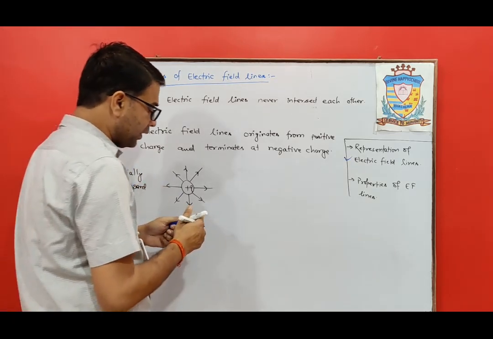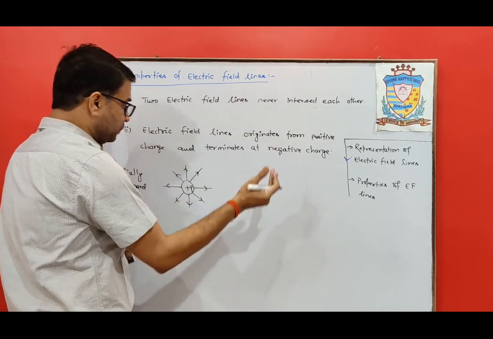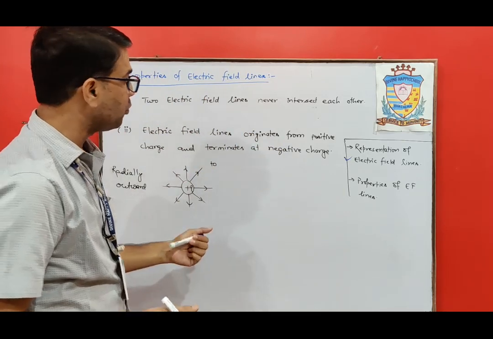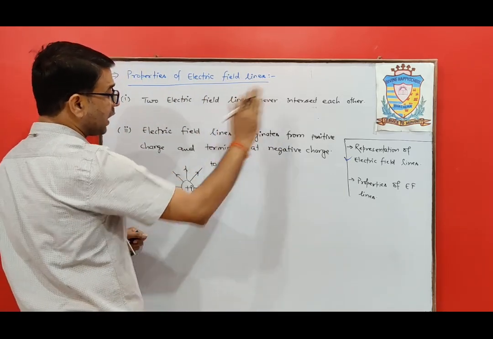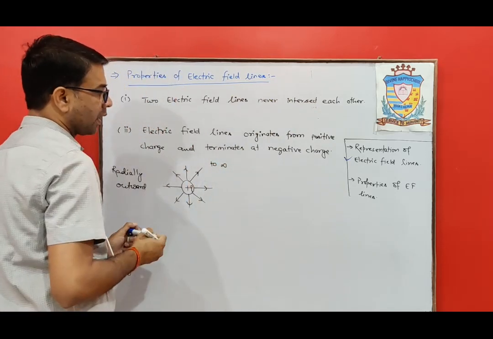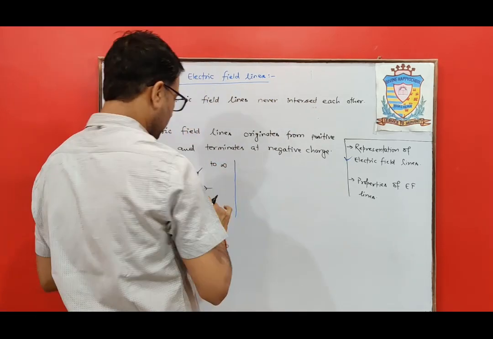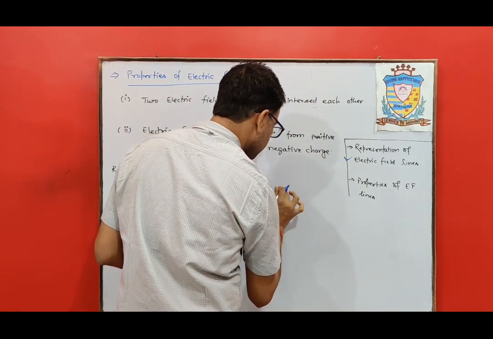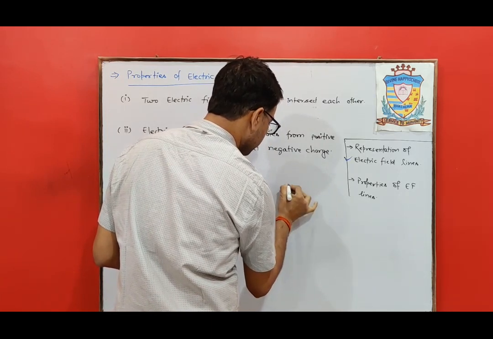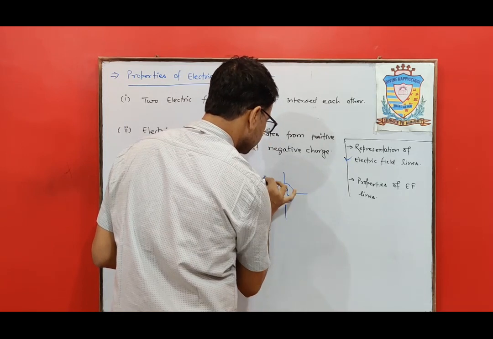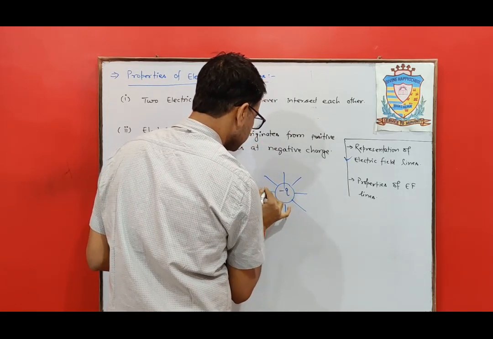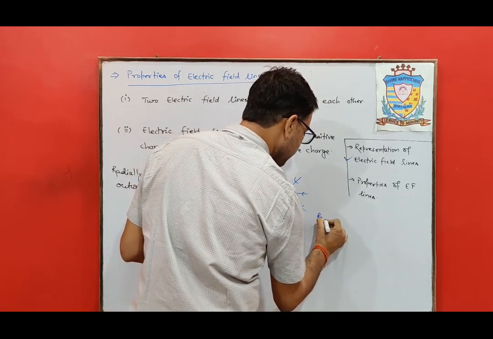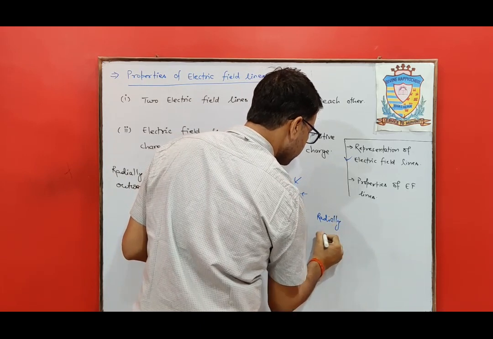And it will move to infinity. If nothing is there, no negative or positive charge, this field line will move up to infinity. And if a negative charge is placed over here, the direction will be radially inward.